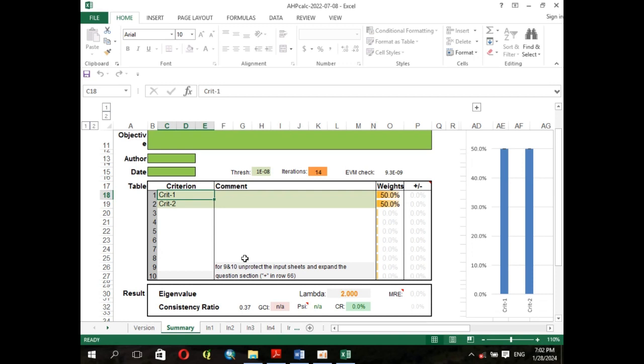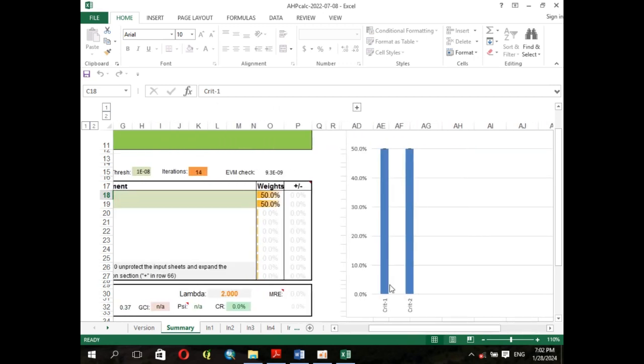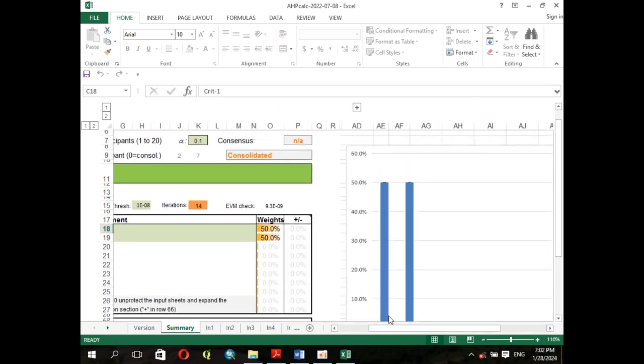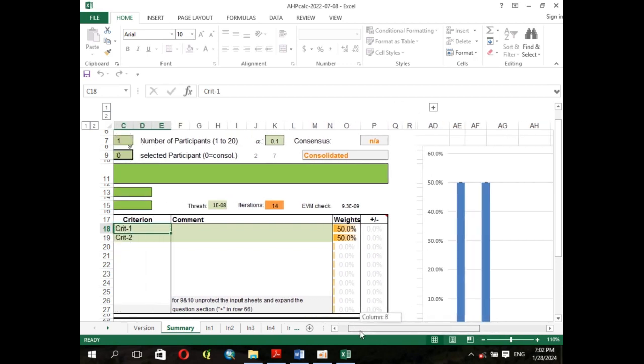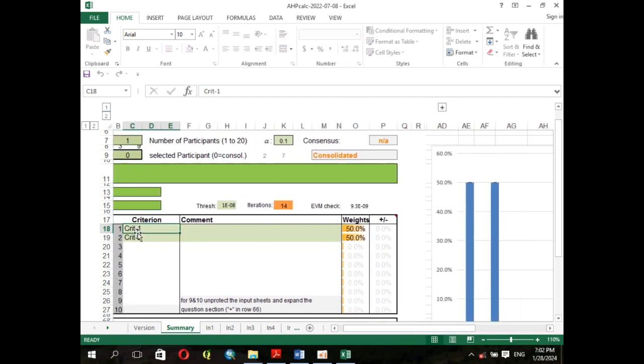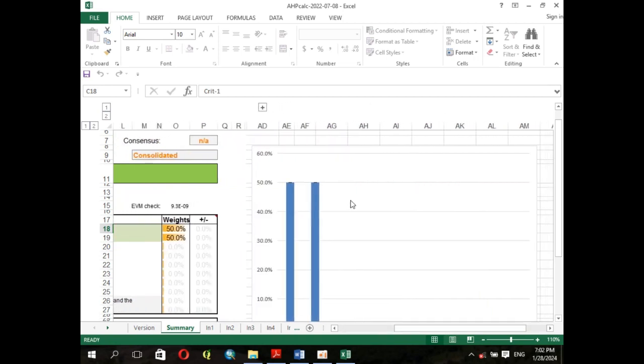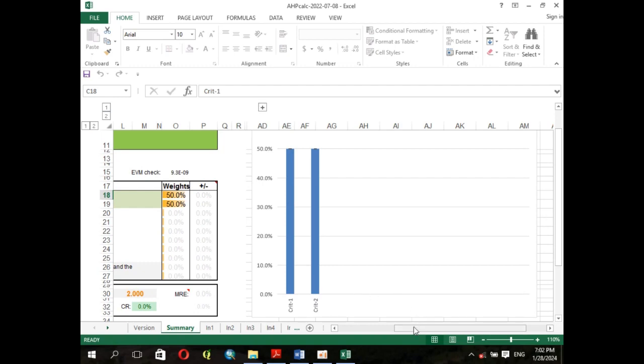So let us provide the criteria. What are the criteria that help us to weight our work? You can also visualize using this graphical method. Okay, when you insert criteria, you should automatically get a graphical picture for those parameters.